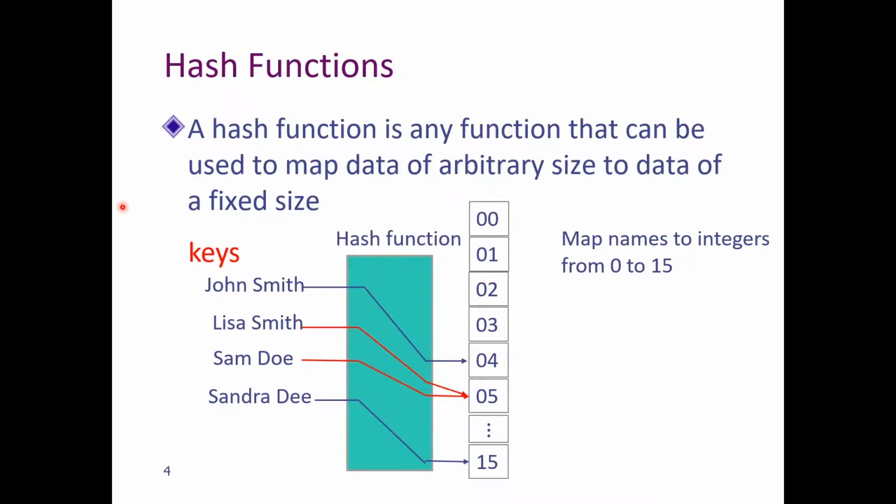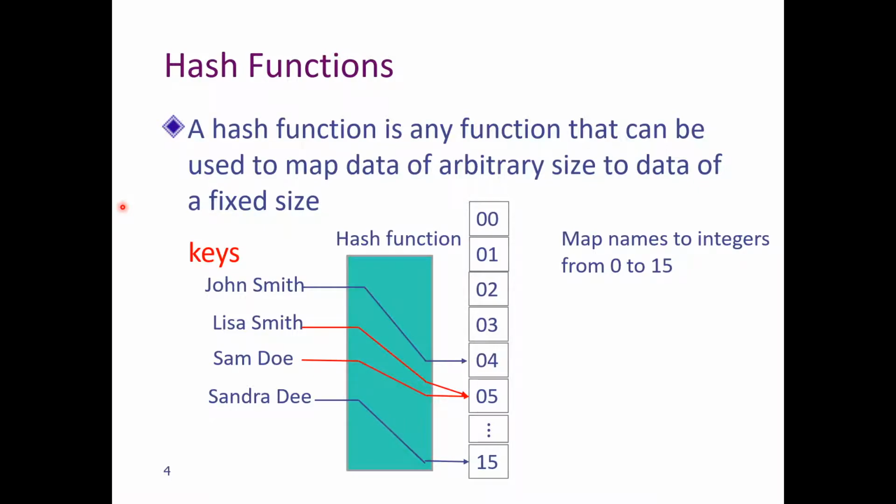So suppose we have a hash function, and the inputs, we call them keys, all right? So the keys could be any data with any size. For example, John Smith, Sandra D, okay? They are our keys. They are of different sizes, but they can all be the input of a hash function.